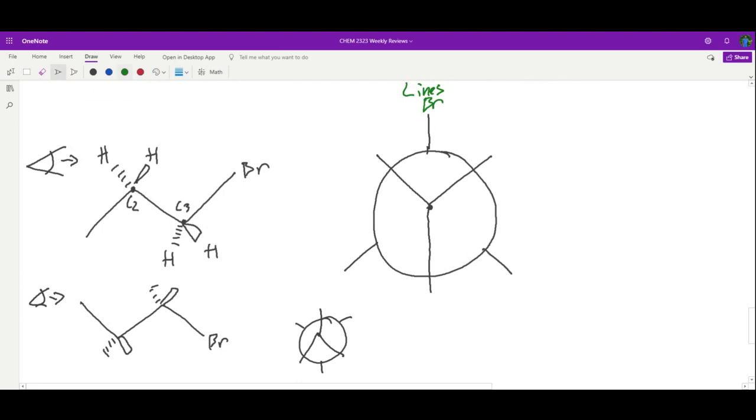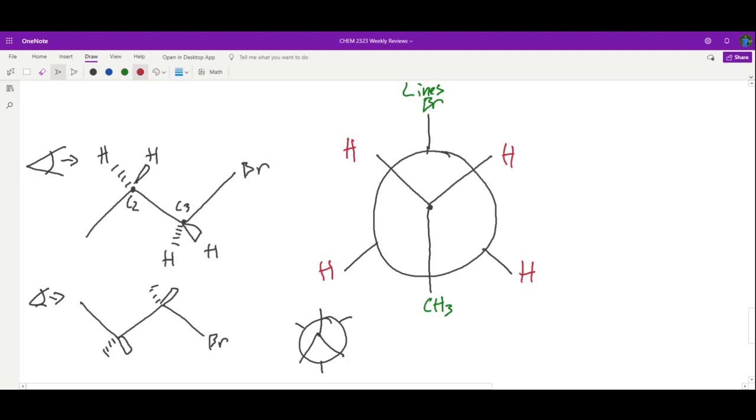And then the front carbon is bonded to a methyl group, so I'm just going to put a CH3. And then now we have to determine which side the H's go. In this scenario, it doesn't matter because they're all H's. So I'm going to put all H's, but sometimes you'll have unique groups, in which case you will have to know which side.